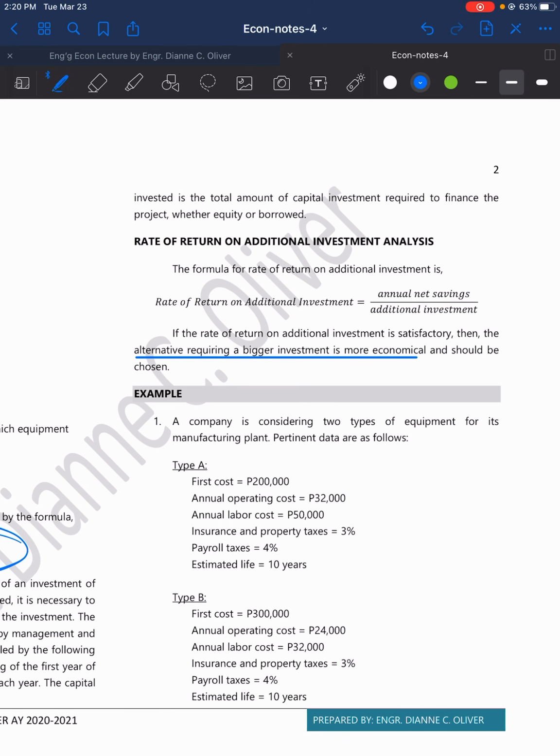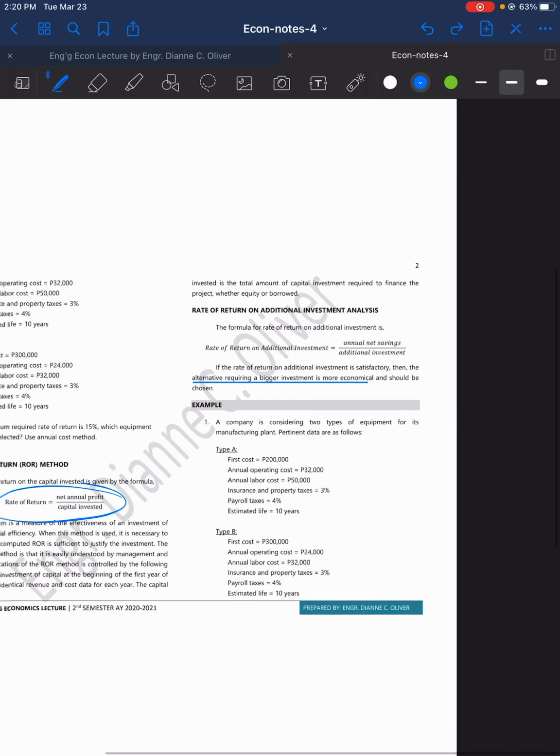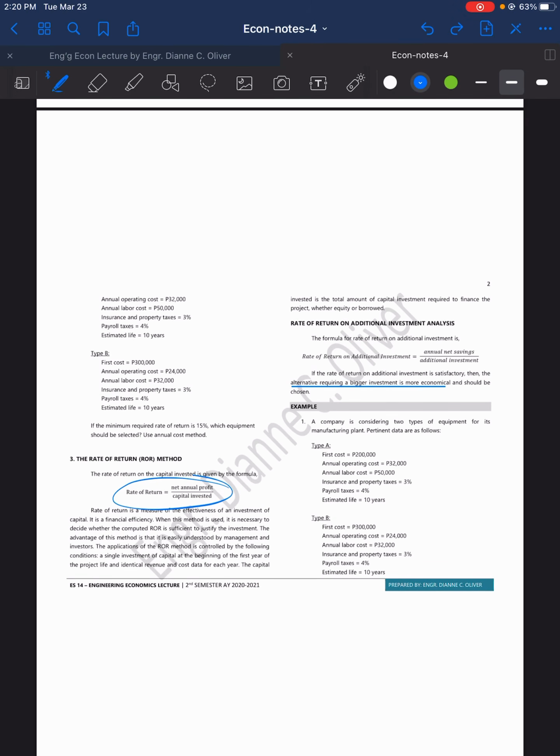So we need to compare the two alternatives. So we use the rate of return on additional investment, and the alternative requiring a bigger investment is more economical if ROR is satisfactory. Okay, so that ends this video.